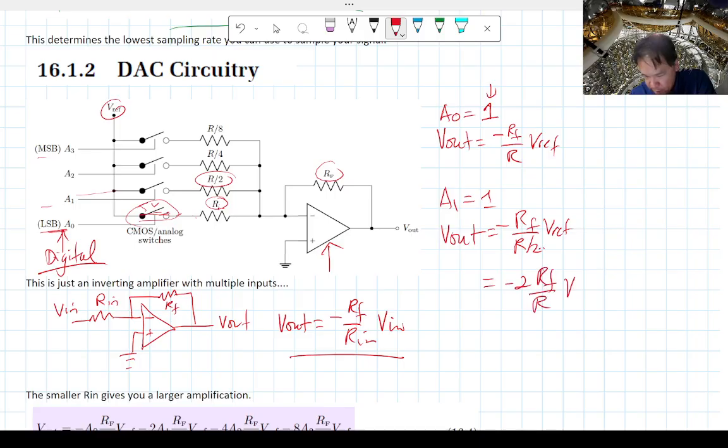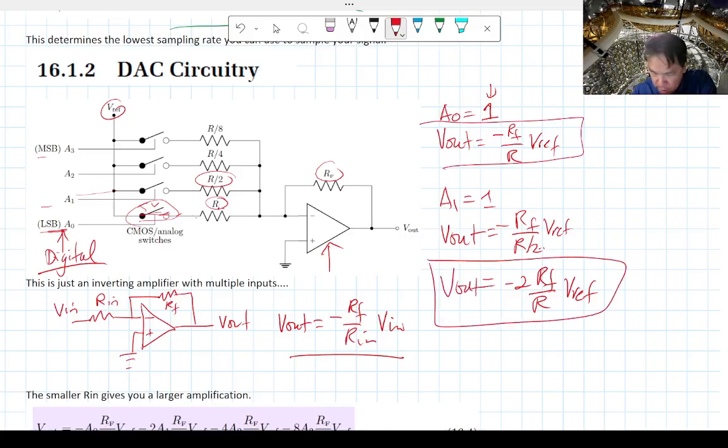So see what you notice here. Notice that this and this, the amplification is different by a factor of 2. So if this was the 2 to the 0 bit, this is the 2 to the 1 bit, the 2 to the 2 bit, the 2 to the 3 bit.